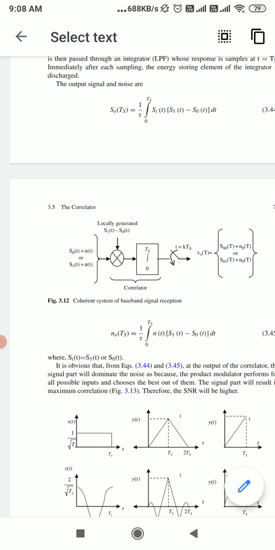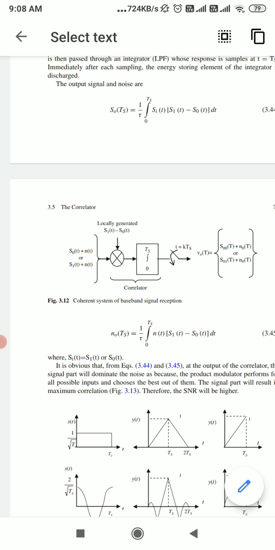Now we can look at the noise signal. You will get the noise signal n0(Ts) equals 1/2 integration from 0 to Ts of n(t) [S1(t) minus S0(t)] dt. Earlier we took the input Si(t); here we will take the noise n(t). Here we are taking Si(t) equal to S1(t), and the local signal equal to S0(t).